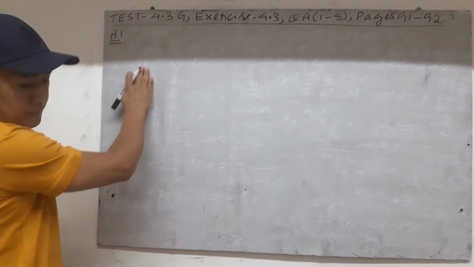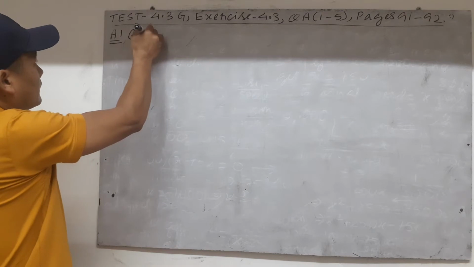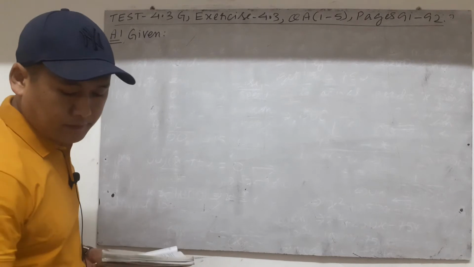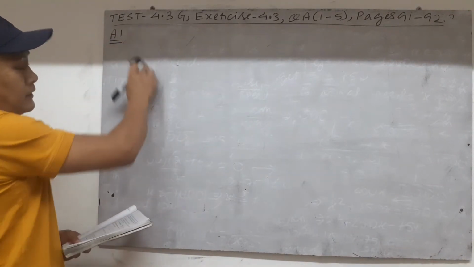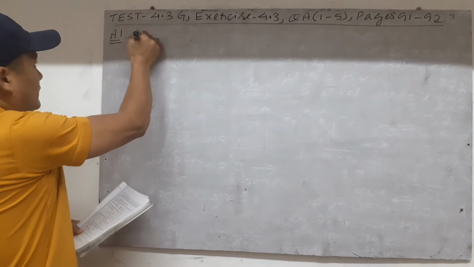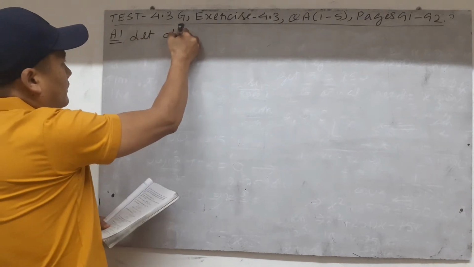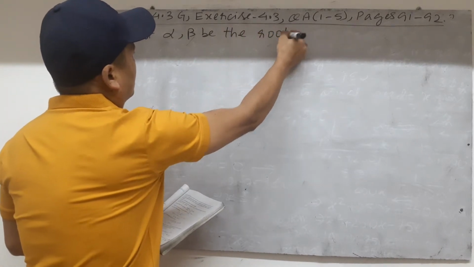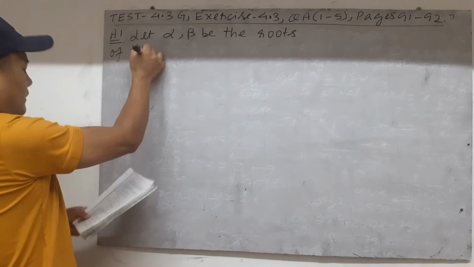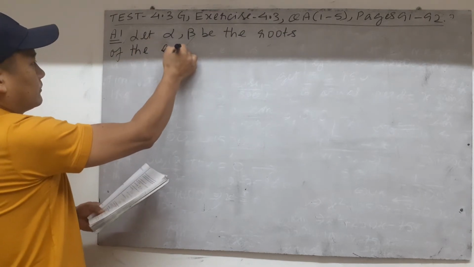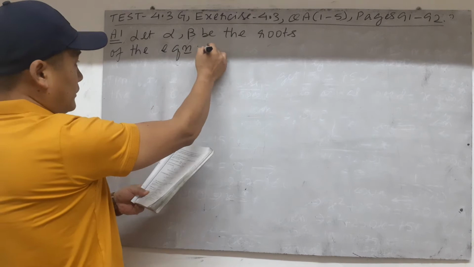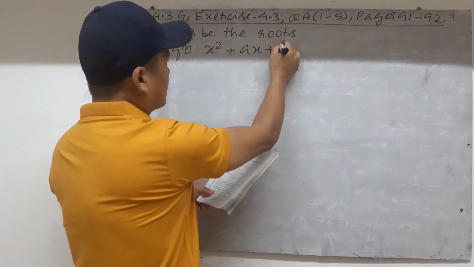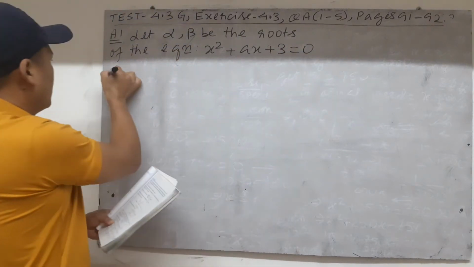So here we have given to us the equation, or we can just start simply with the condition for the roots, putting in, let alpha comma beta be the roots of the equation there on your textbook, x squared plus ax plus 3 equal to 0, and one root is given.